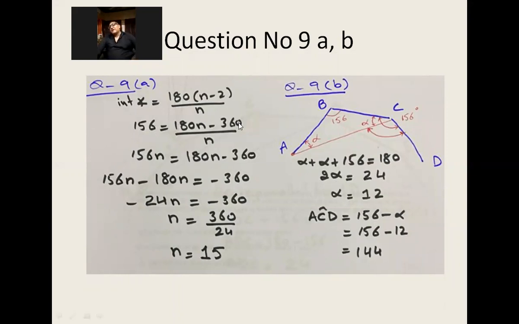So it will be 180n minus 360 divided by n. Take this n to this side, so you will have 156n equals 180n minus 360. Take this 180n to the other side, so it will be 156n minus 180n, minus 24n is equal to minus 360. Minus minus will be cancelled. So n will be equal to 360 divided by 24, and n will be equal to 15. So there are 15 sides in that polygon.